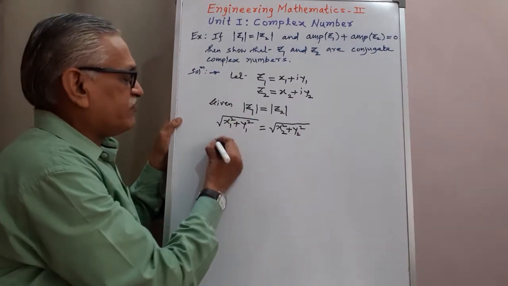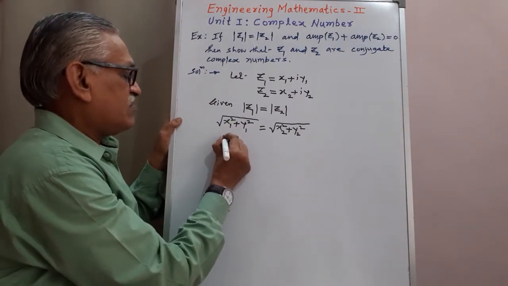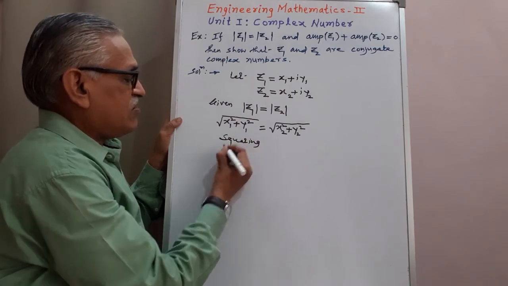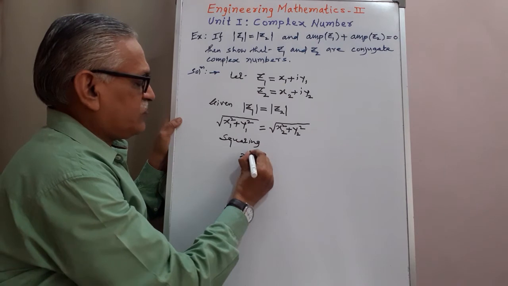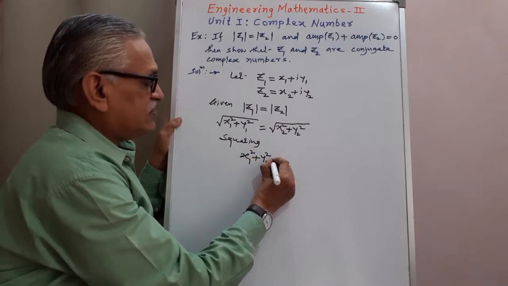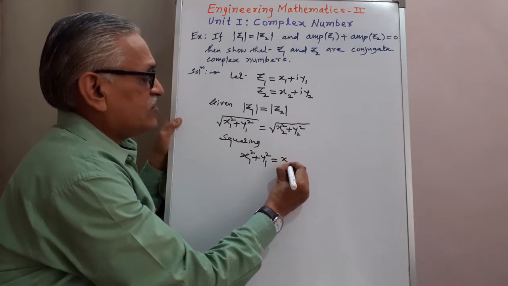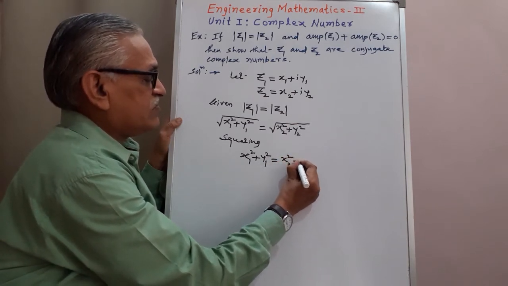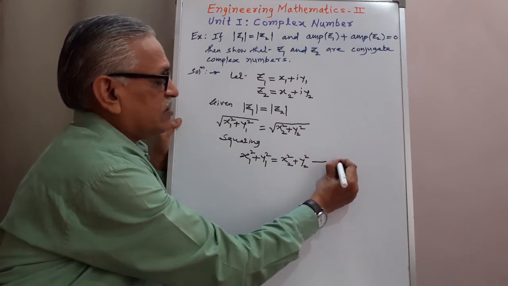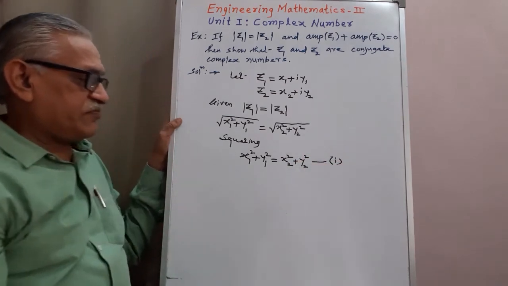Squaring both sides, we get x1 square plus y1 square is equal to x2 square plus y2 square. We call this equation 1.